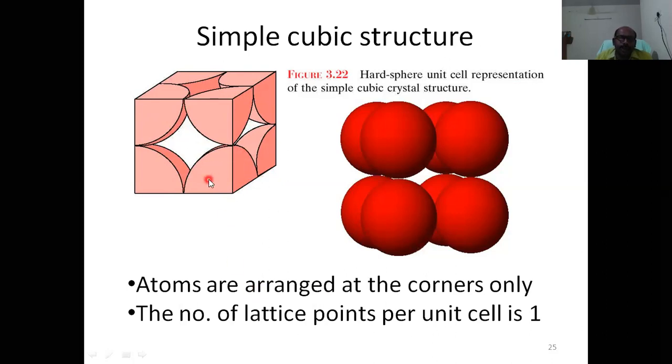From this figure, it is clear that the atoms are touching along the edges of the cube.